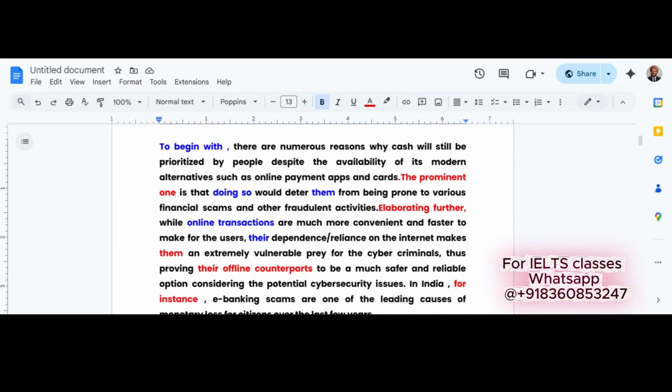So you must make this change in your IELTS writing if you want to score 7 plus in your writing. This has helped me to achieve a score of 8 in writing personally, and I have scored 8 multiple times now. So I'm telling you from my experience that this is going to be a big change in your writing if you do so. And why this is important, I would like to show you something.